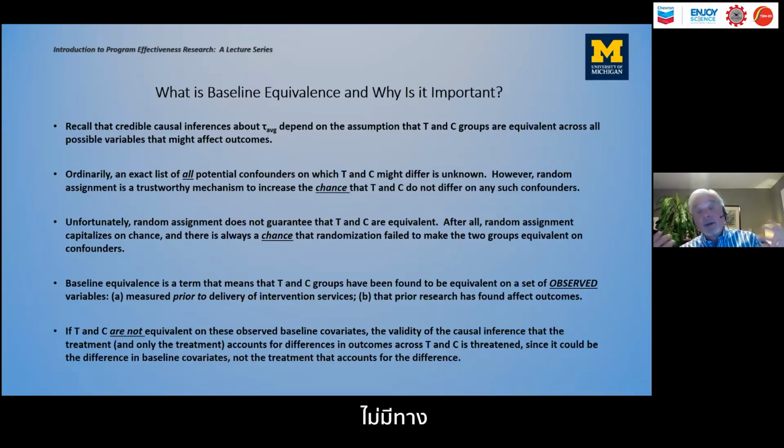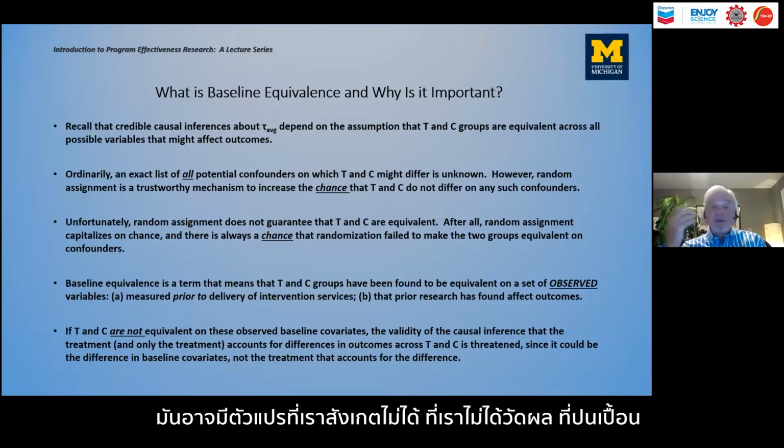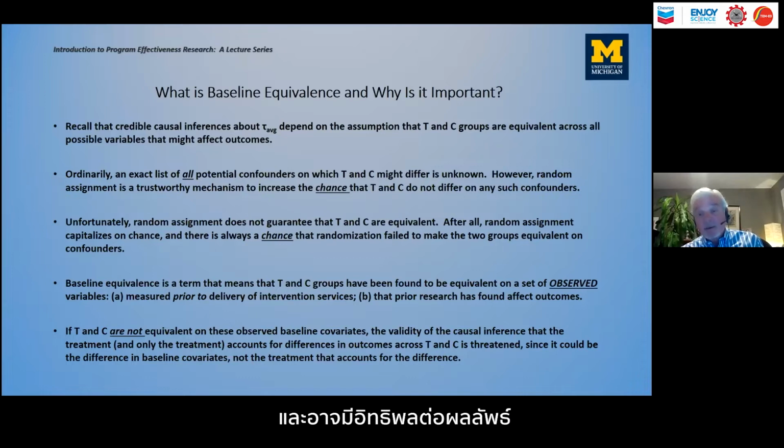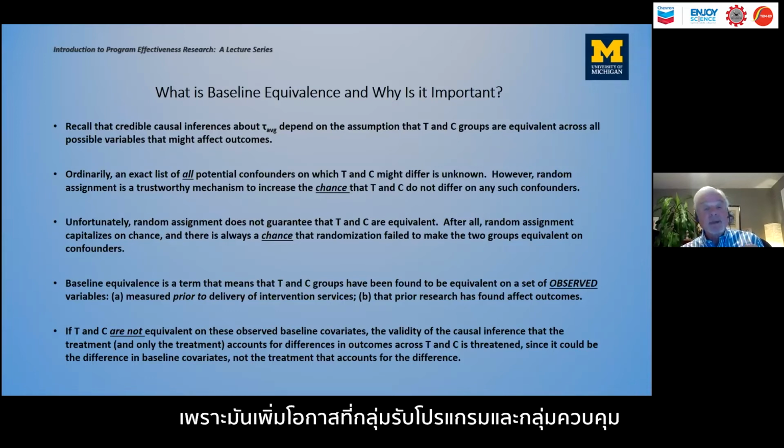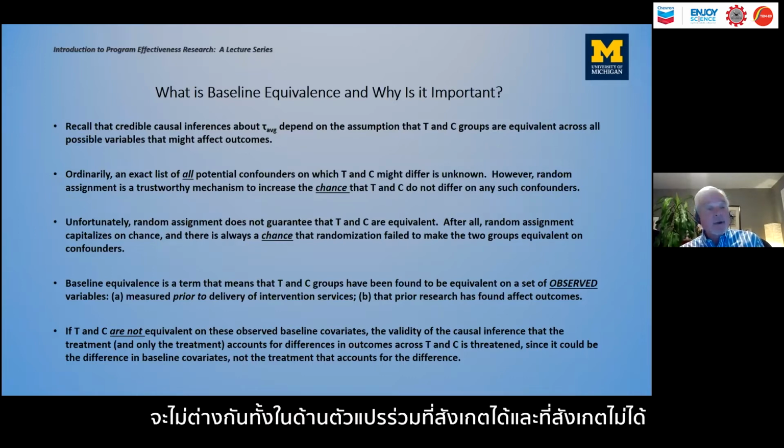There's no way. There could always be some unobserved thing that we didn't measure that's confounded and could have an effect on outcomes. That's why we do random assignment, because it increases the chance that the treatment and control group will not differ on not only observed covariates, but also unobserved ones.